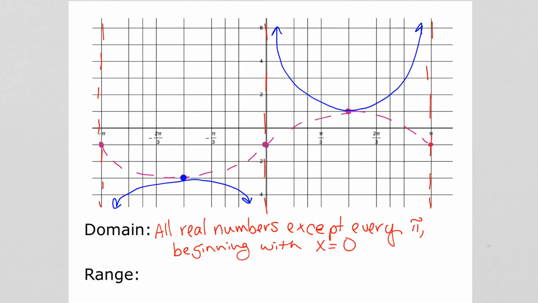Then the range starts from negative infinity and goes up to negative 3, then unioned with 1 to infinity. Okay, and now we've got our y equals 2 cosecant of x minus 1 graphed.